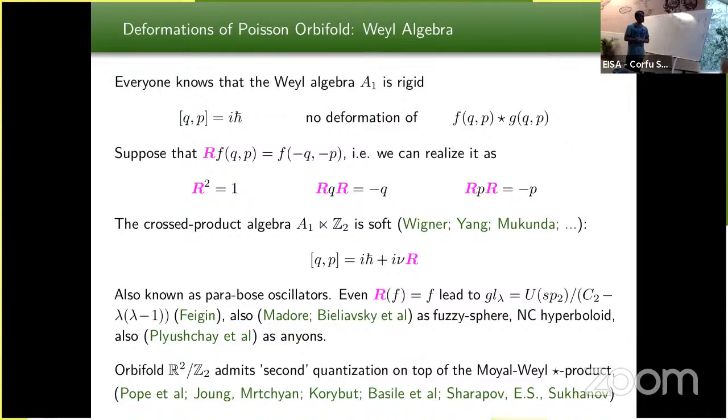But you can also ask what's the relation between these and deformation quantization program, because in deformation quantization you're given some Poisson manifold. In this case it's even symplectic, you can quantize, but then this way you get one parameter, which is h bar. So where this additional freedom in canonical commutation relation is coming from? So the answer is that it comes from orbifold.